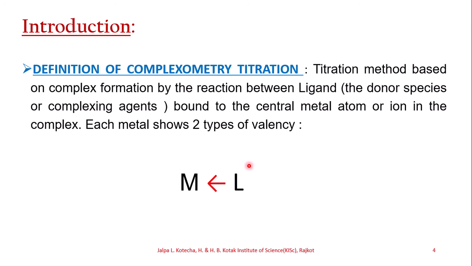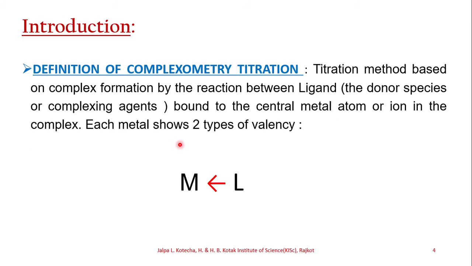Simple definition: a complex is formed by donating the electron pair. The ligand donates the electron pair to the metal atom, and hence it gives the formation of a complex. The titration method based on the complex formation is known as the complexometry titration. So this is the basic definition of the complexometry titration.